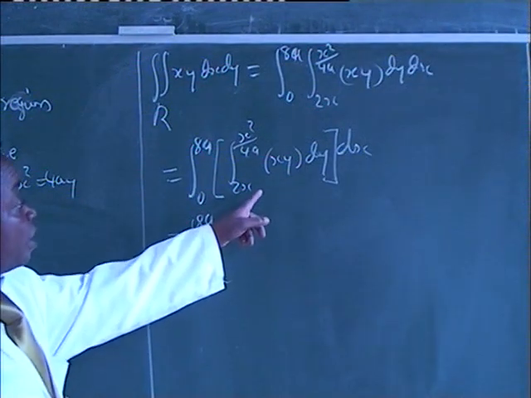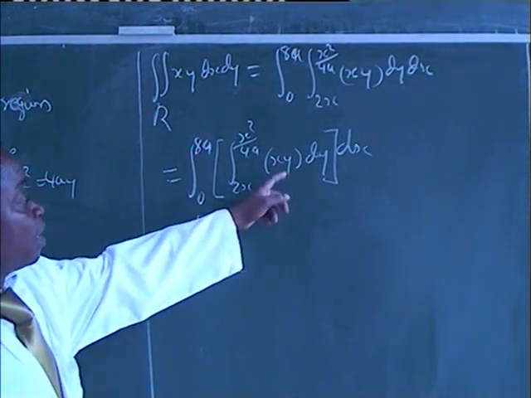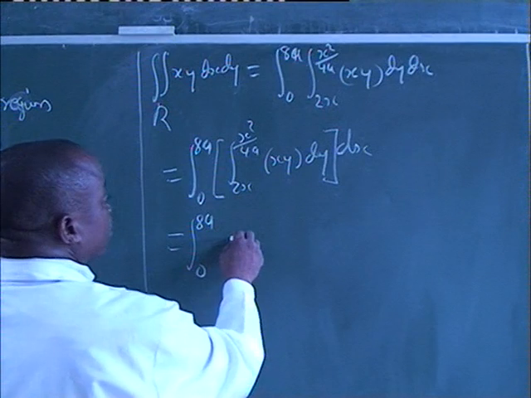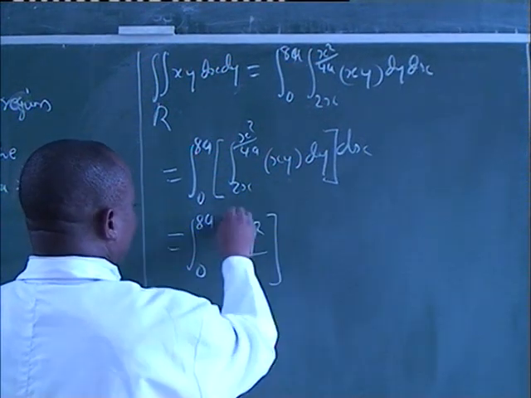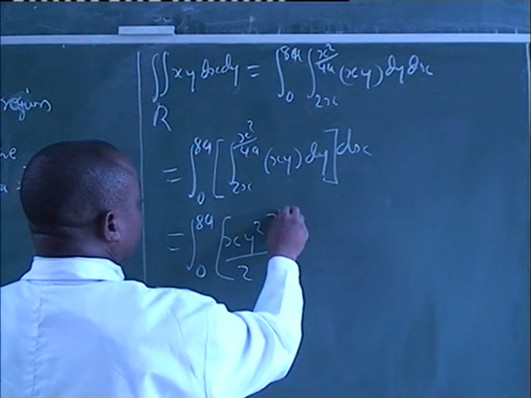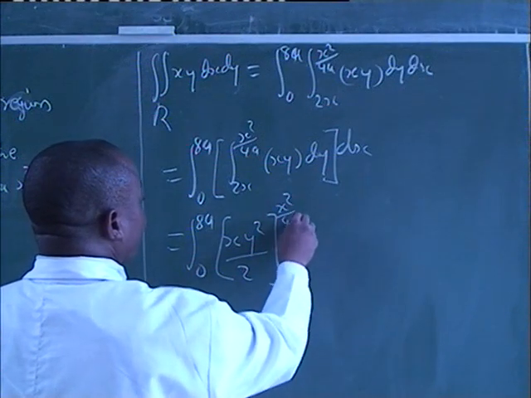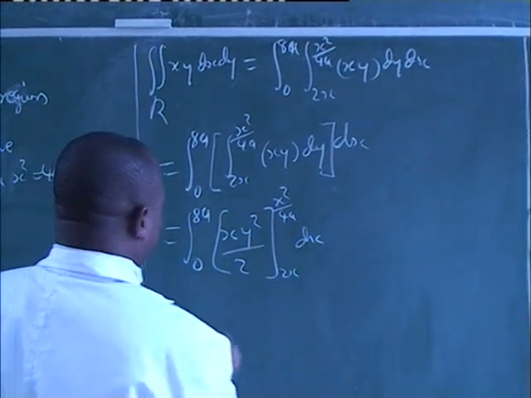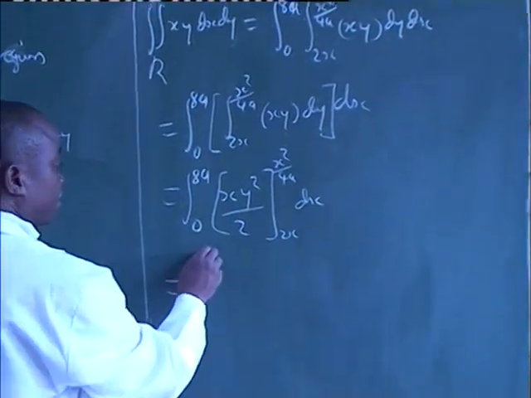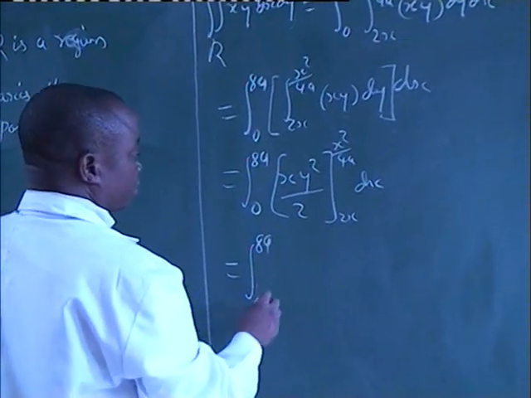Now here, if we integrate this with respect to y, we'll have x times y squared over 2. So we'll now put the limit, which is x squared over 4a to 2x, dx. Then if we do that, we'll have the integral 8a to 0.